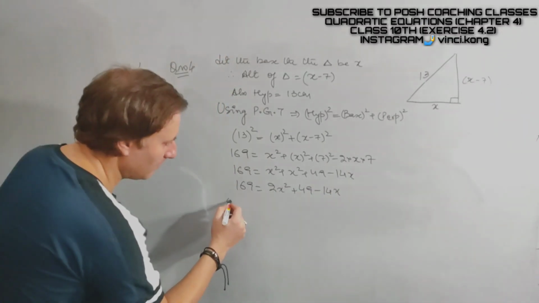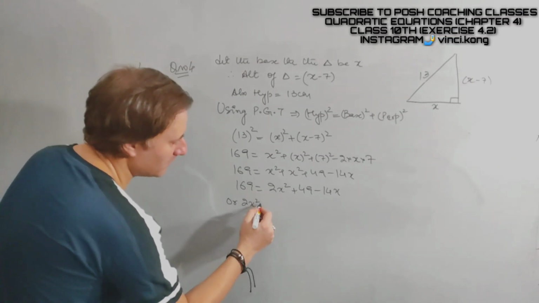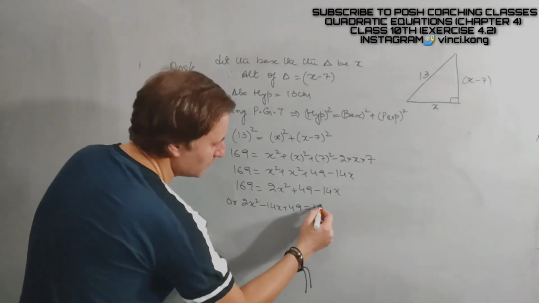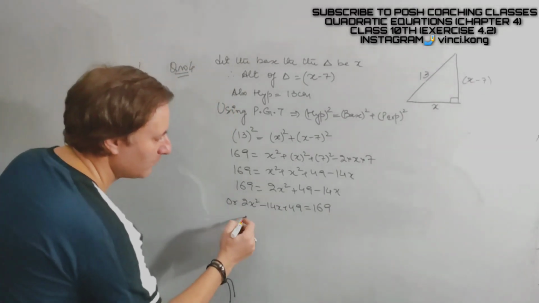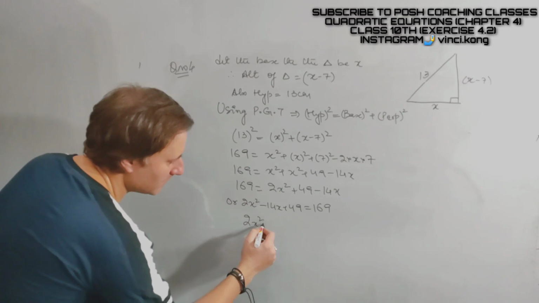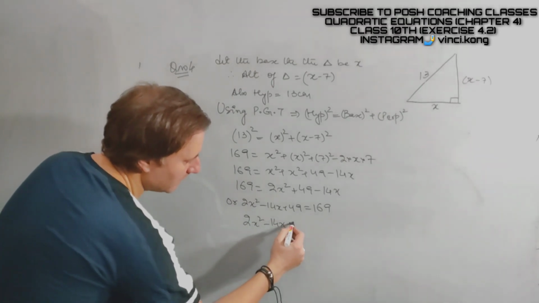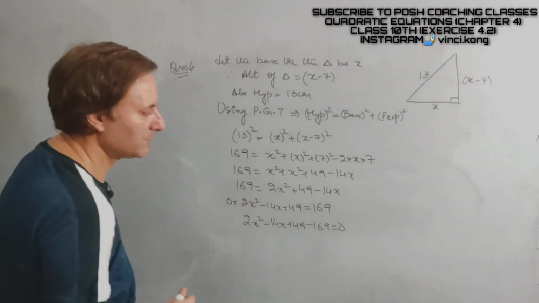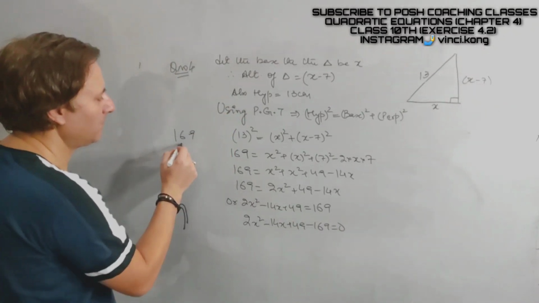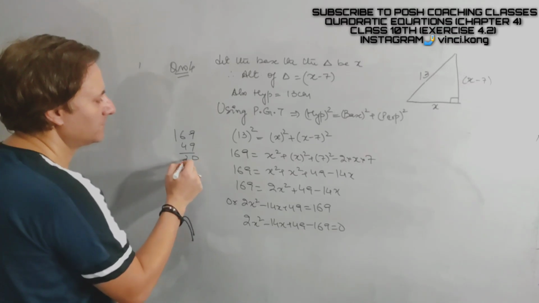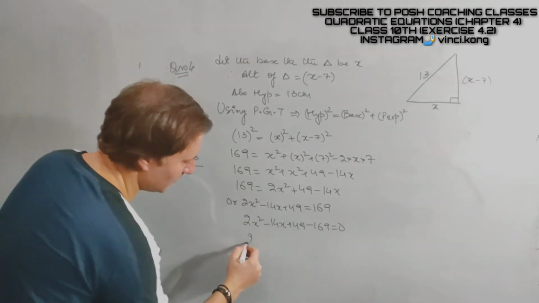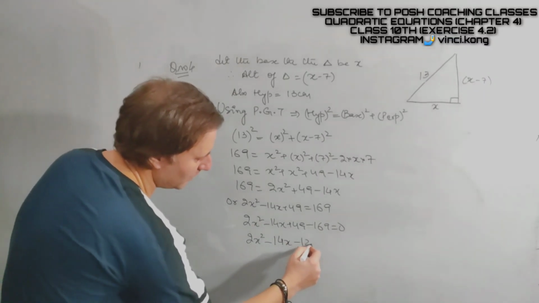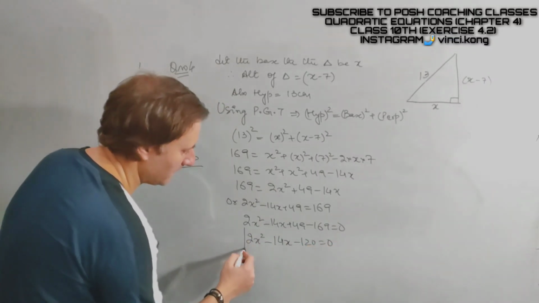Or I will write 2x square minus 14x plus 49 is equal to 169. Now 2x square minus 14x plus 49 minus 169 is equal to 0. Now 169 minus 49 is 120. So I have 2x squared minus 14x minus 120 equals 0.